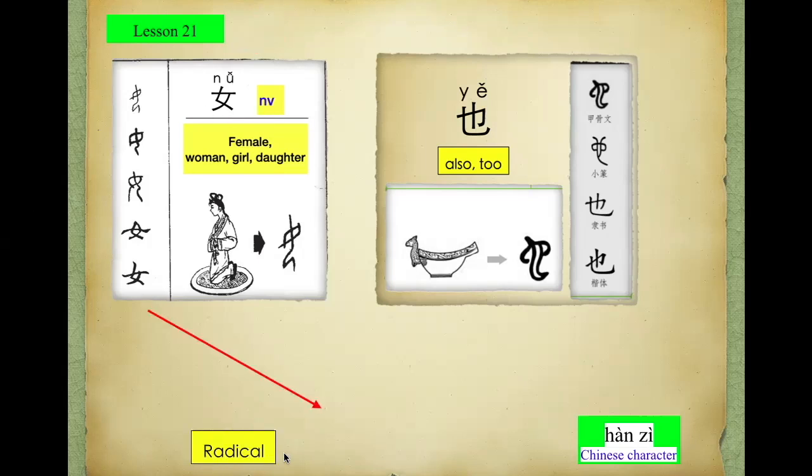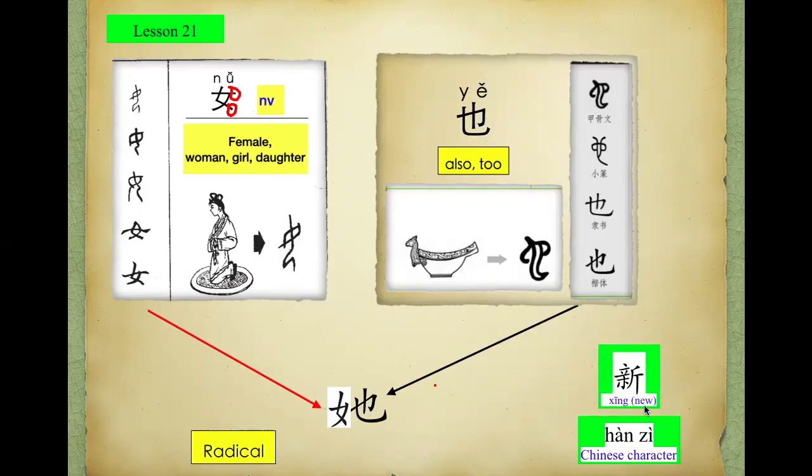When 汉字女 becomes a radical, it also needs to change its form to leave space for 也 on the right, so they can combine to form a 新汉字, 她, which means she or her. She is also female.